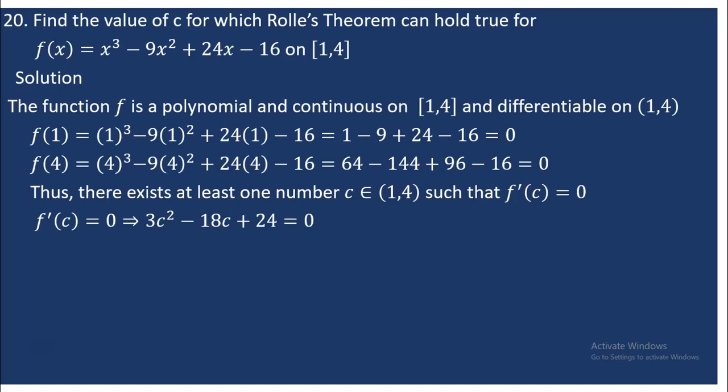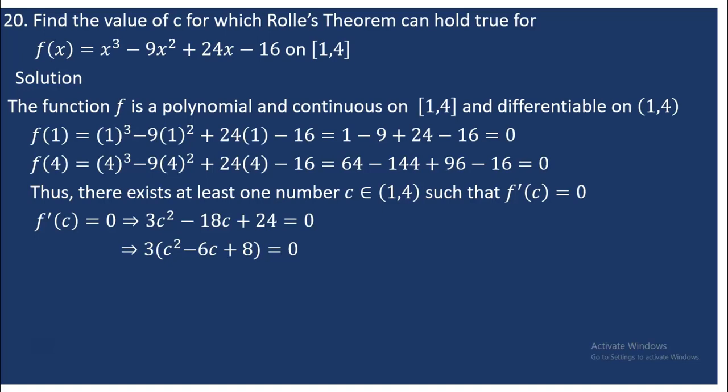So f derivative at c for this function is 3c squared minus 18c plus 24 equals 0. We take 3 out as a common factor: 3 times c squared minus 6c plus 8 equals 0.